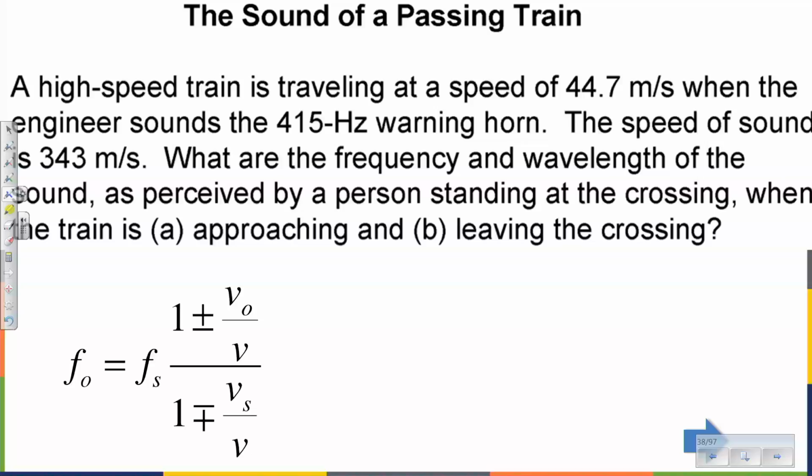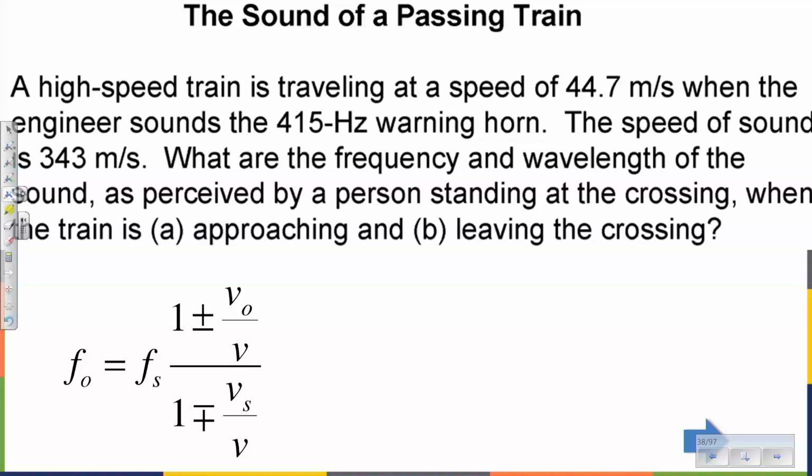The frequency 415 is relative to the person moving in the train. So it means relative, if the train would have been at rest, that would have been the frequency of the sound experienced by a resting observer. And we have to imagine we are inside.